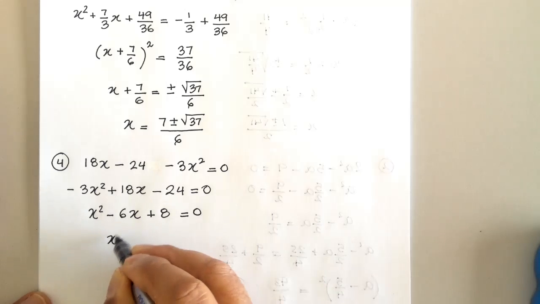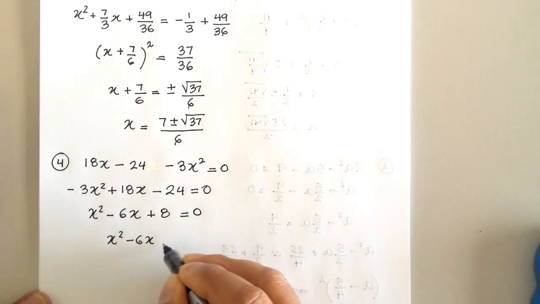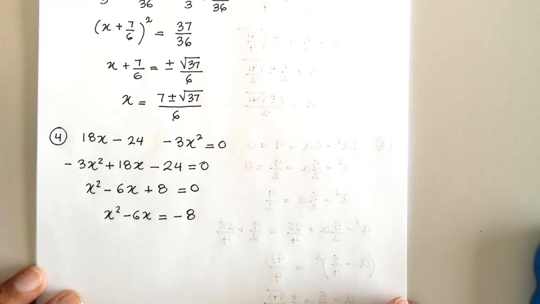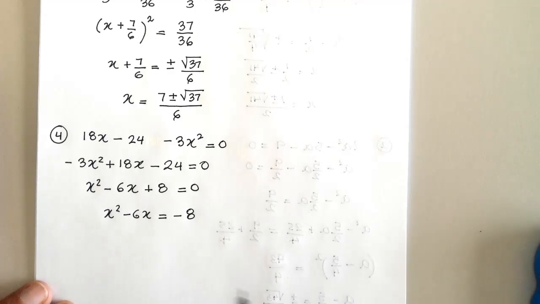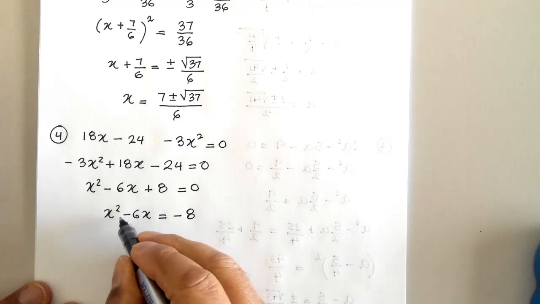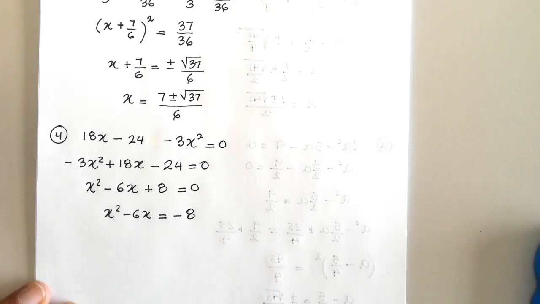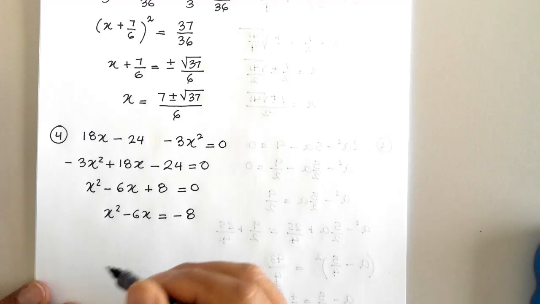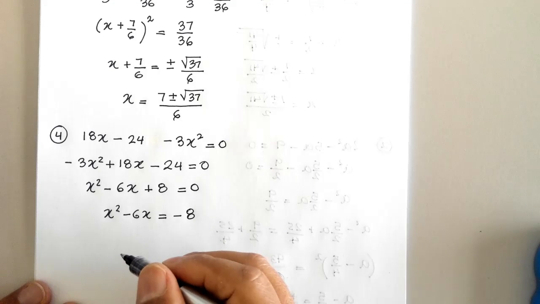So we're going to do x squared minus 6x is equal to negative 8. Okay, and then we're going to divide this by 2 and square it in our head. Okay, so negative 6 divided by 2 is negative 3, but when you square that, is equal to positive 9.